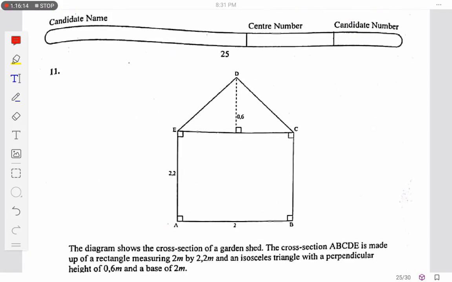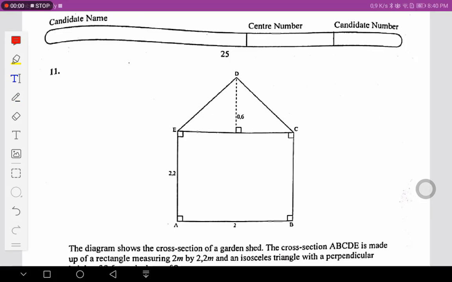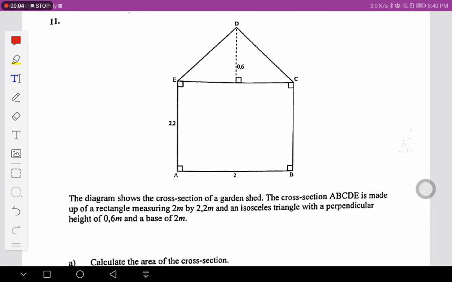Now let's go to number 11. Okay. Now on number 11, we are given that the diagram shows the cross-section of a garden shed.